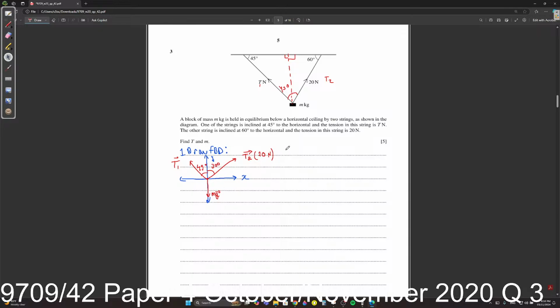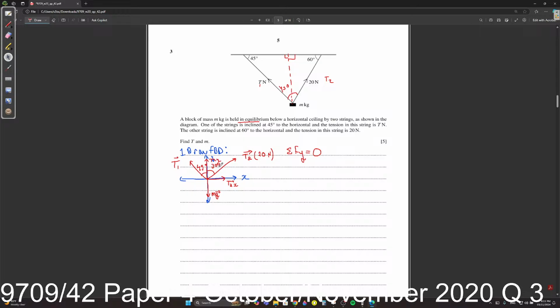Let's now check sigma Fy and sigma Fx. Sigma Fy is going to be equal to what? Obviously, it's held in equilibrium, so 0. So what are my vertical forces? I forgot in the FBD to resolve T1 and T2 into T1x and T2x, and T1y and T2y. So here T2, I have to say T2x. And here I should have said T2y.